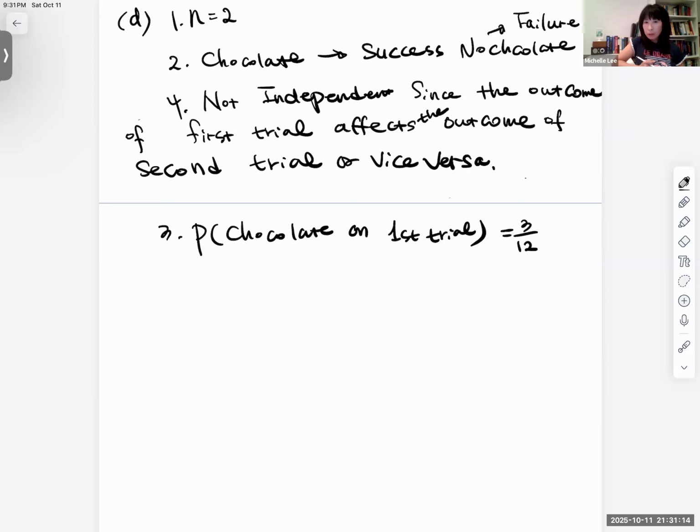Okay, then we have chocolate on the second trial with first trial chocolate. So let us do that. Chocolate on second trial with first chocolate.